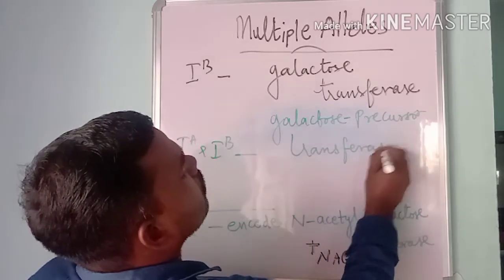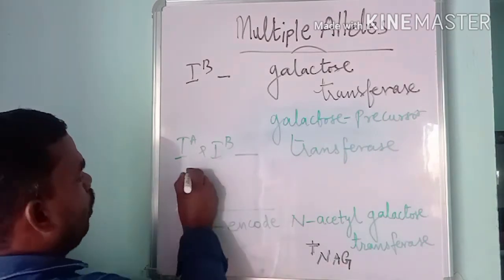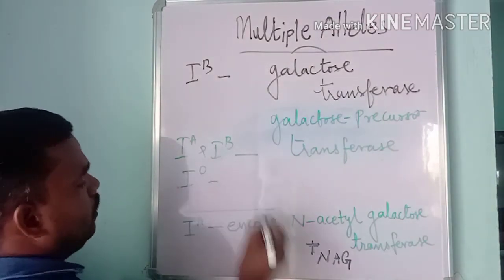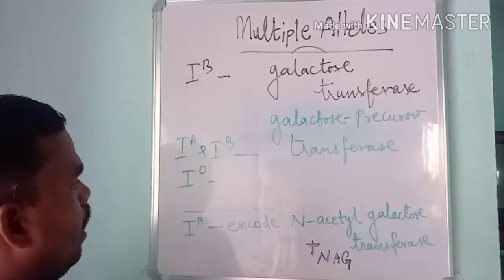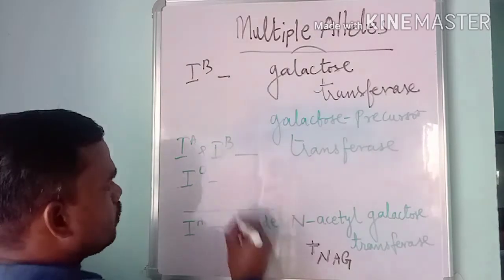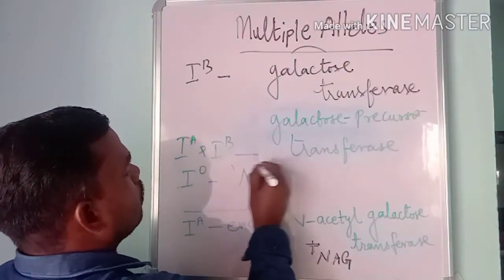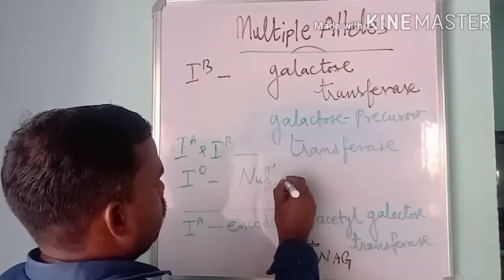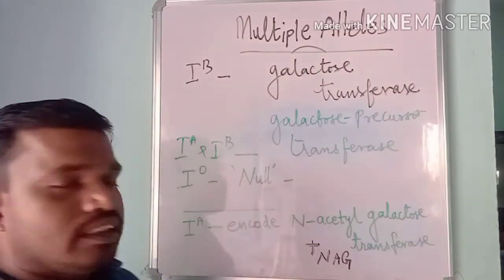Got it? IO, since it does not have antigens and does not encode any enzymes, is null. IO does not encode transferase enzymes.